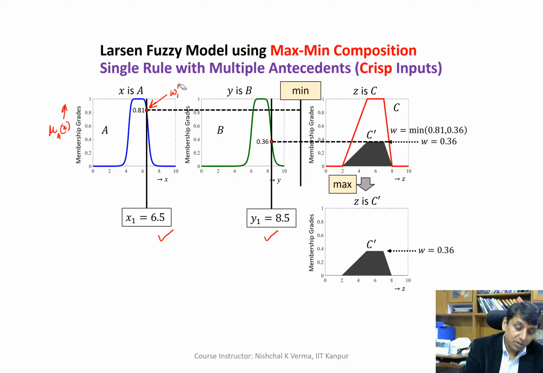And since we have only one rule, we need not write this. So let's say this is w1 is equal to this, and w2 is equal to 0.36. Now since we are using the max min composition, let us take the minimum of these two.